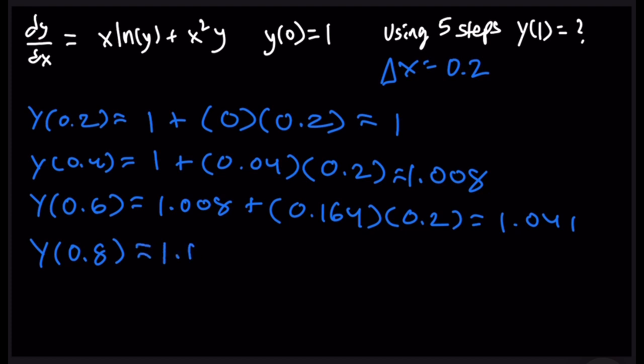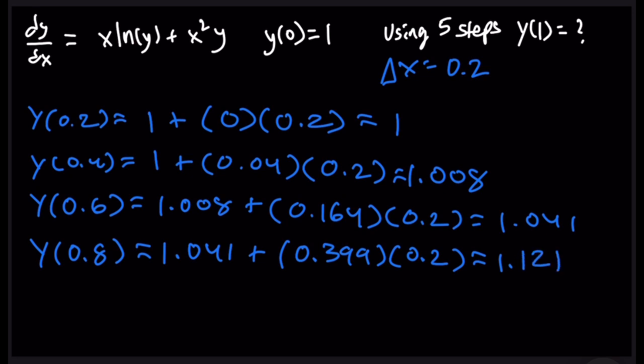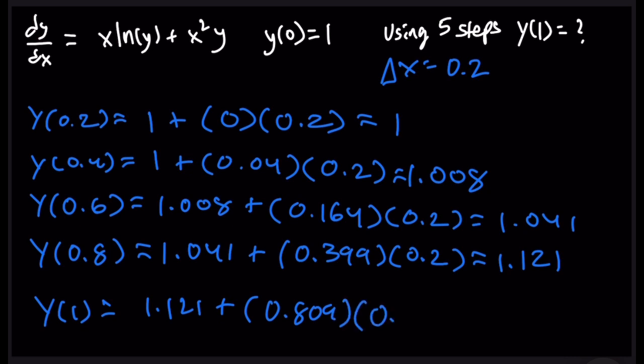Plug in your previous values, x is 0.6, y is 1.041, and this will be 0.399 times 0.2 as usual, and that will be 1.121. And then finally, y of 1 equals 1.121 plus, plug everything in, and you get 0.809 times 0.2, and your final answer is 1.283.